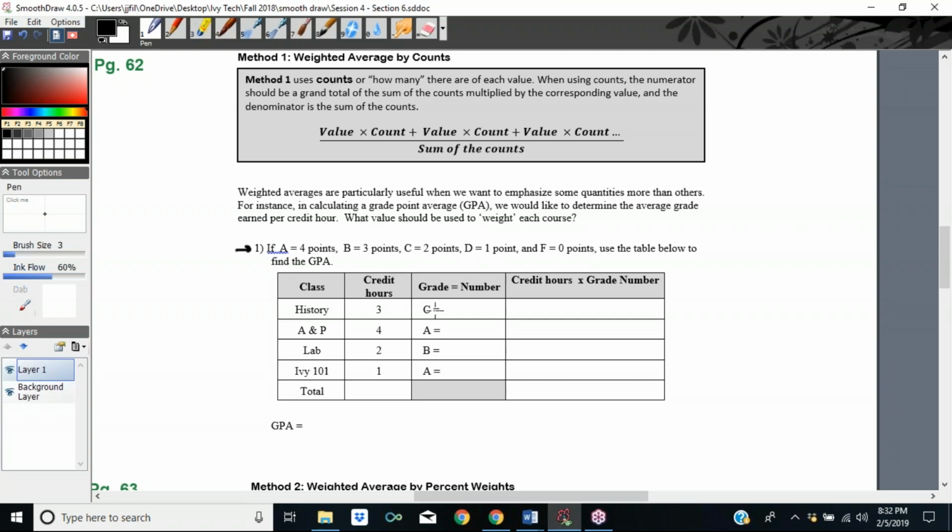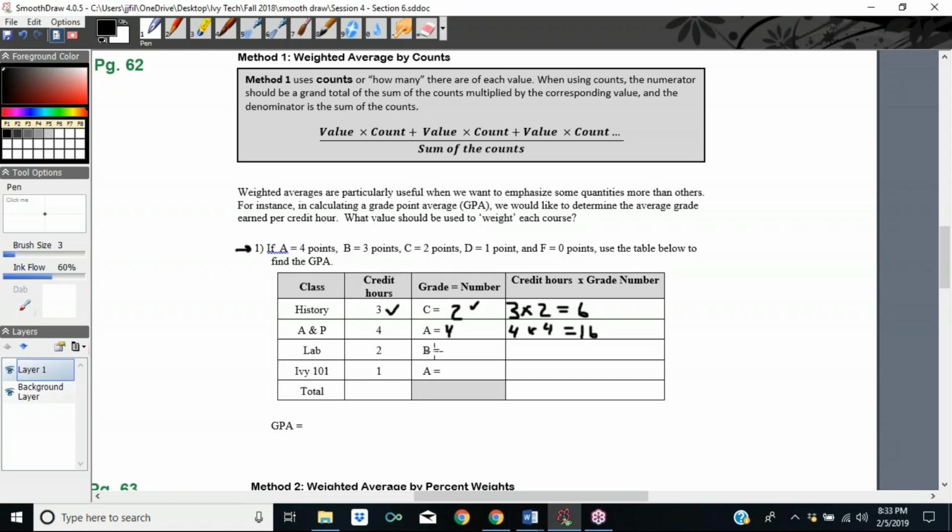And what we do to calculate a GPA is we take the number of credits at that particular grade and we get a value. So for the first one, a C is worth 2 points. So we would do 3 times 2, 3 credits times 2 points. And then for the anatomy and physiology grade, there are 4 credits, and an A, which is 4 points, so we do 4 credits times 4 points.